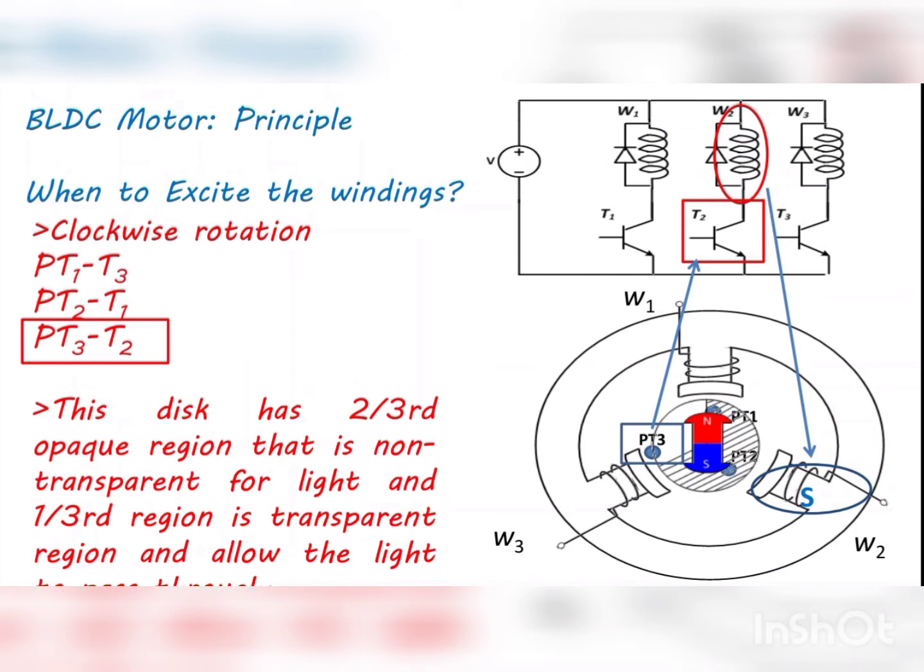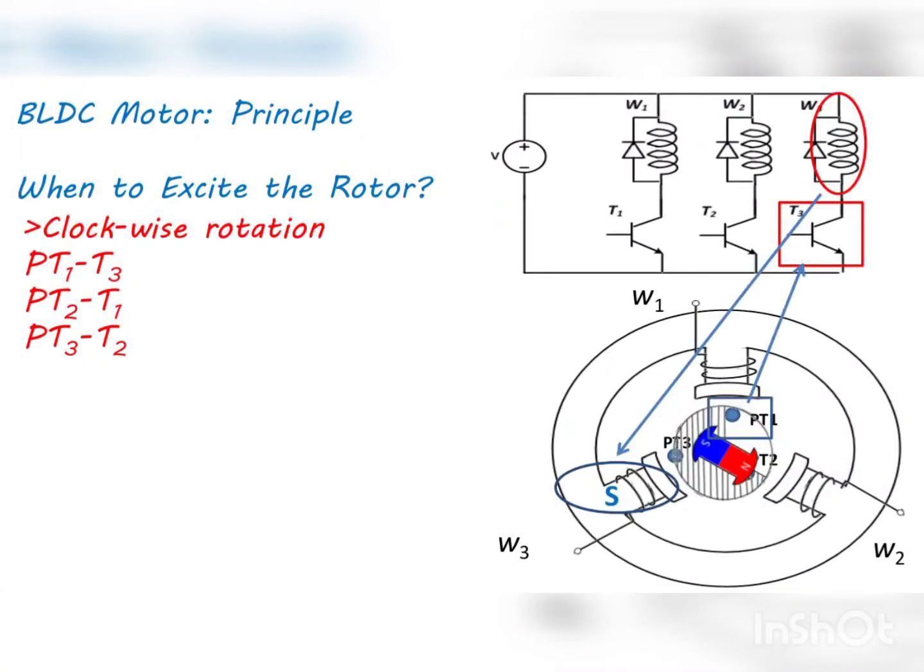In the present situation, only PT3 encounters the transparent region, and as a result PT3 turns on and makes transistor T2 turn on. As a result, winding W2 is excited and the rotor rotates 120 degrees in the clockwise direction. This rotation makes PT3 turn off because PT3 is now covered by the opaque region.